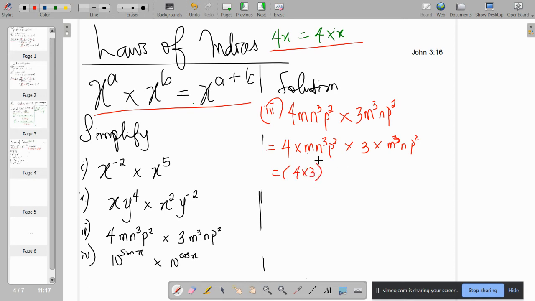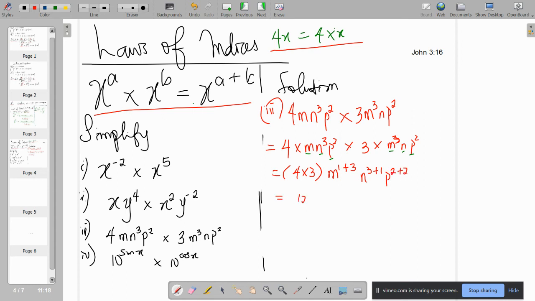And learning from the first example, you are going with me now that this is going to be m raised to power 1 plus 3. We are looking at them one after the other, which is the m with the m, then p with this p. So here now we have p raised to power 2 plus 2.